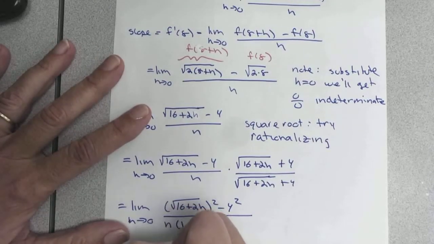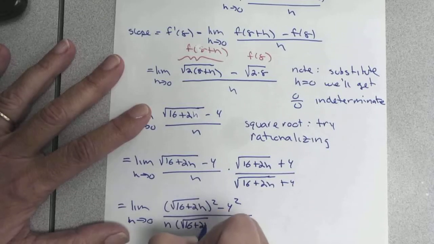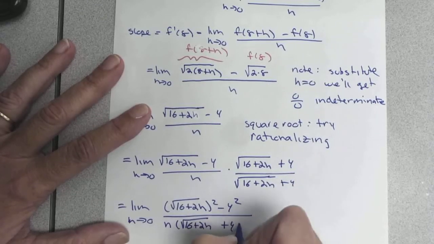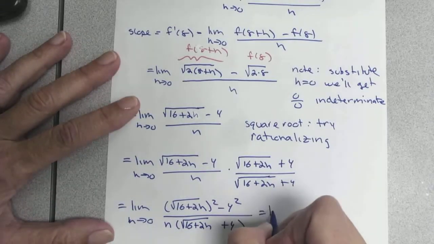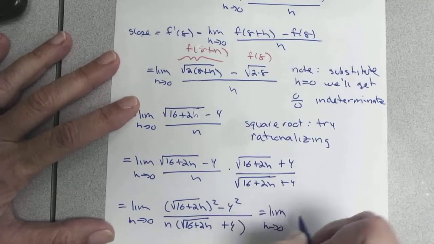And on the bottom, I'm not going to do anything except write them side by side, because remember what our end goal is. Our end goal every single time is to cancel that h. So I want that h kind of free to allow for canceling. If I distribute it through, it won't be as easy to cancel. So I'm going to leave that h there. Keep simplifying.